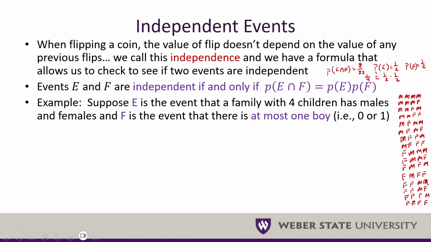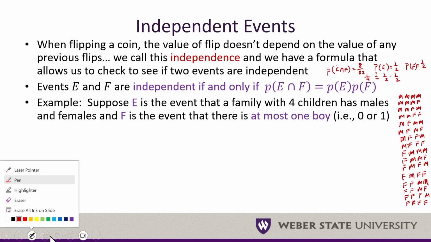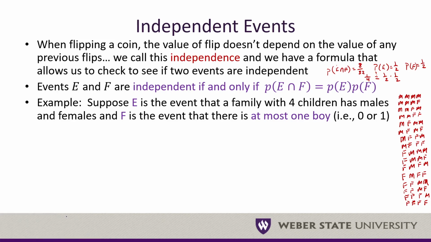Okay, so E is the event that a family with 4 children has males and females. So how many outcomes are there here where there are both males and females? Let's see if we can go through this in an organized way.